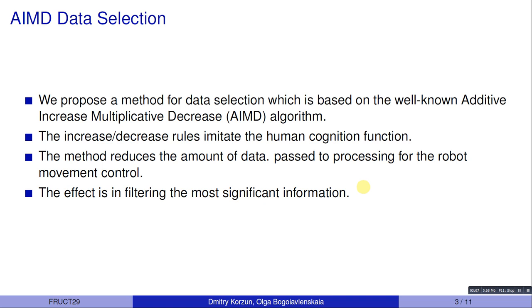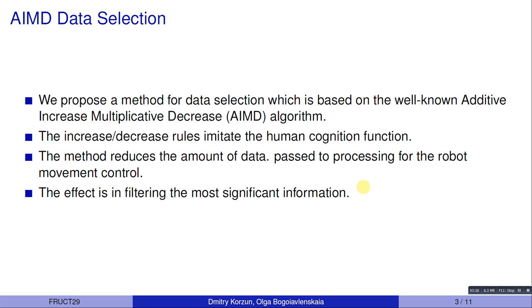If we are optimistic about the environment, we increase some parameter, and actually we decrease the level of the observation.